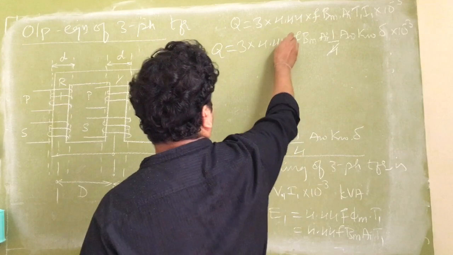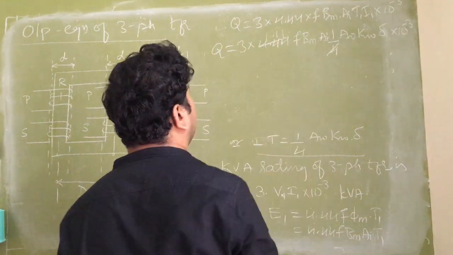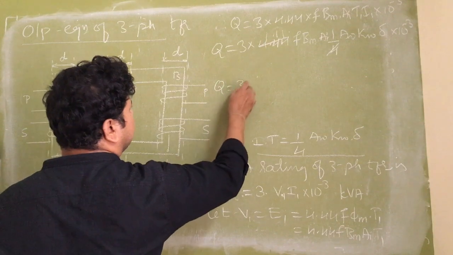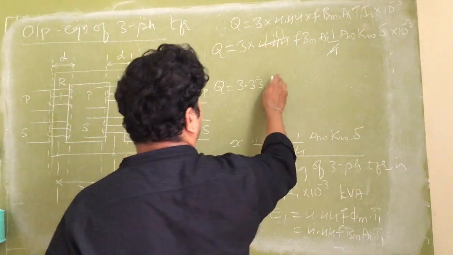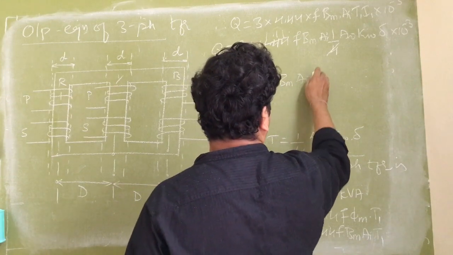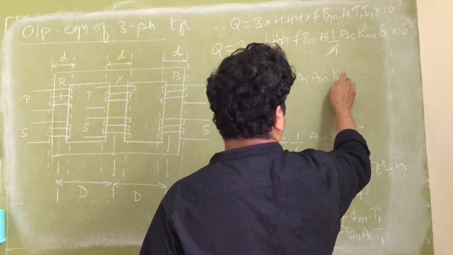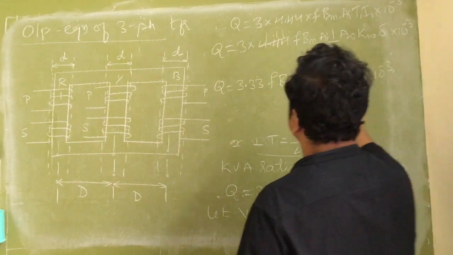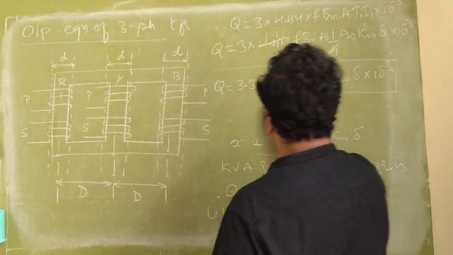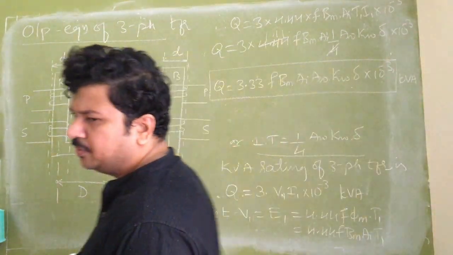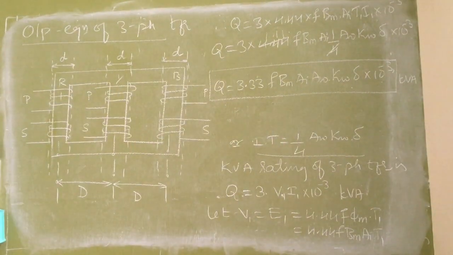So this 4 and this 4.44 will cancel, and Q is equal to 3.33 F Bm AI AW KW delta into 10 to the power minus 3 kVA. So this is the output equation of a three-phase transformer.